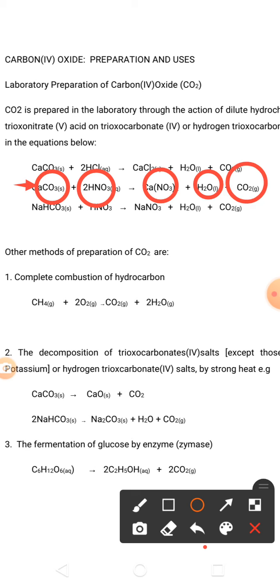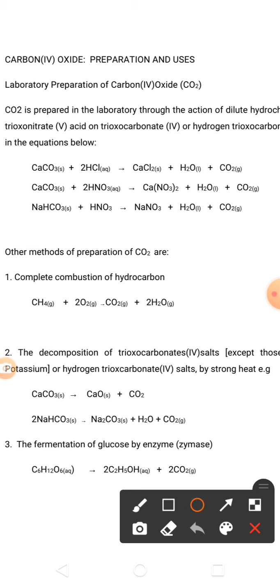Then the third equation, you also see how the equation goes. But all of them produce carbon dioxide. Please take note of that.